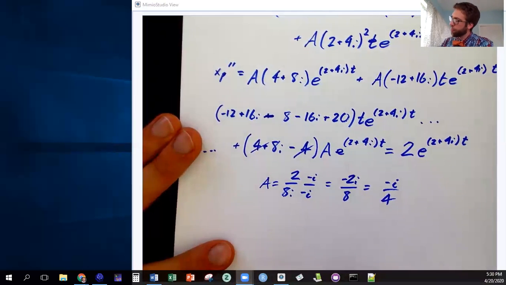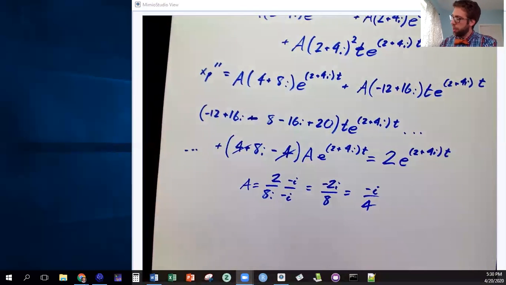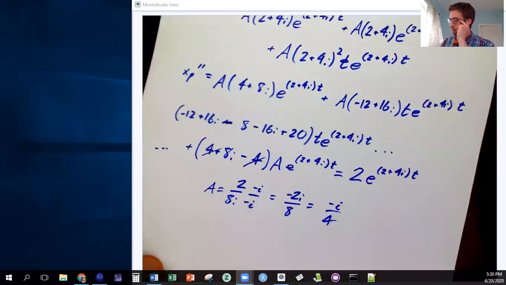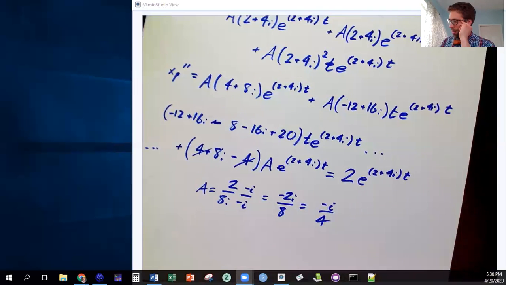Okay. Well, if a is negative i over 4, then what does that mean? Well, that means there's 0 real part and i imaginary part.